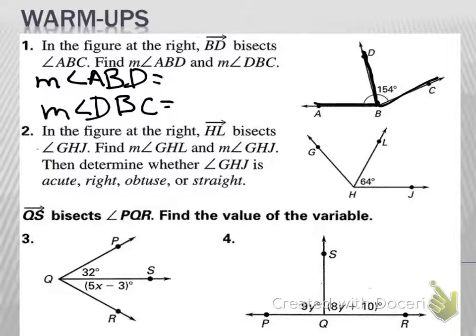When you see an angle measure next to a mark like this, that means that entire big angle has that measure. So if the whole thing is 154 and I'm looking for the two smaller halves, and I know that it's being bisected, so they must be equal to one another, what would they each have to be?